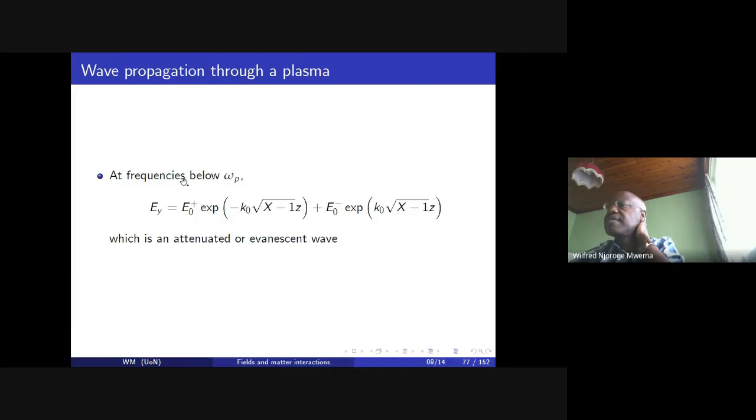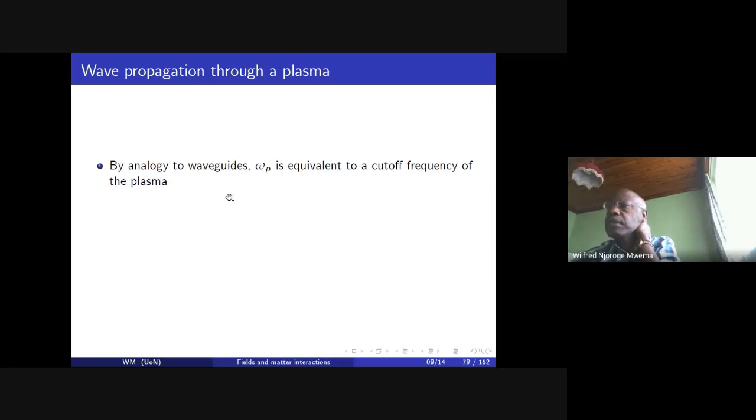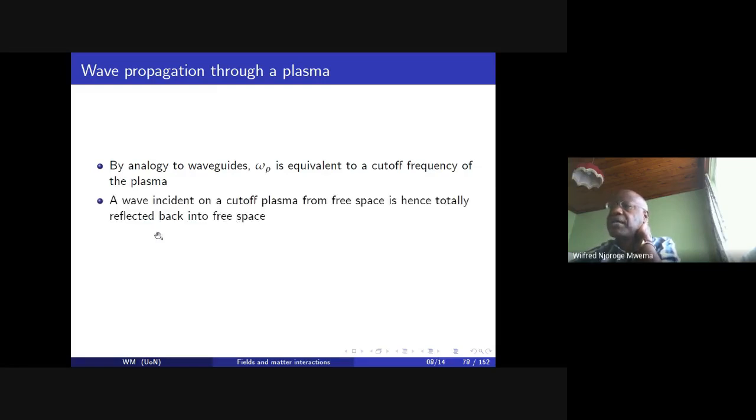We shall see that we said that before, that when you drive the plasma below the plasma frequency, we have a cutoff condition. By analogy to waveguides, omega p is therefore equivalent to a cutoff frequency for the plasma. The wave incident on the cutoff plasma from free space will just be reflected back into free space.